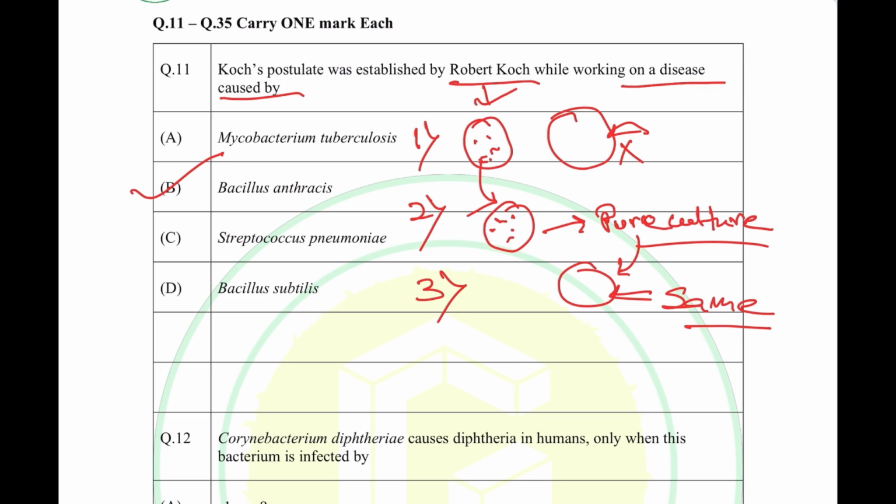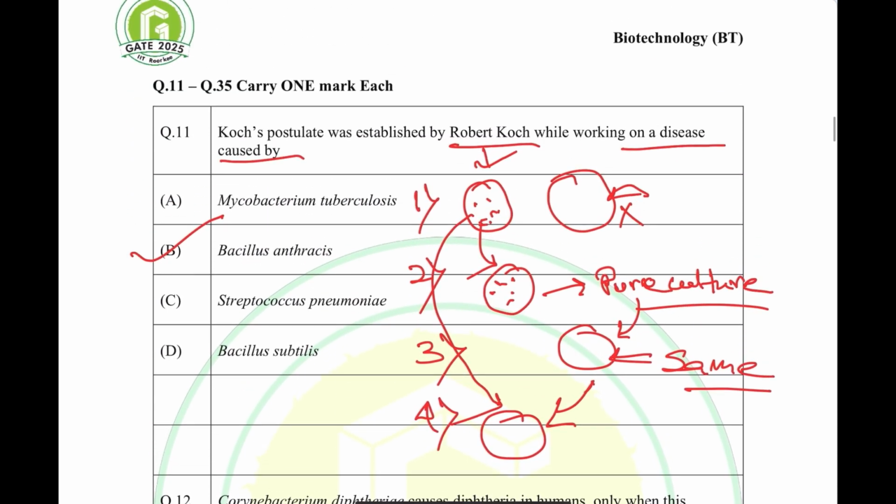Okay, and in the fourth postulate, he said that the microorganisms must again be re-isolated from the experimentally infected host and identified as being identical to the original. And when the same microorganisms are isolated, their features will be similar to the same microorganisms which were isolated very earlier. So this was the Koch postulates.